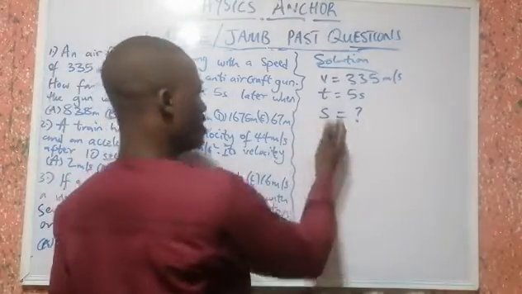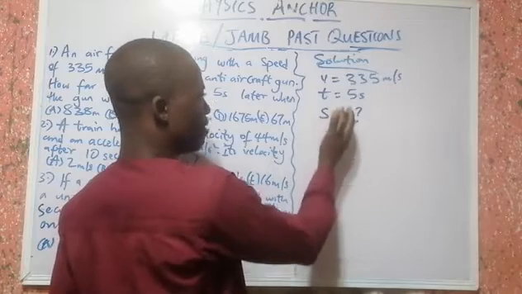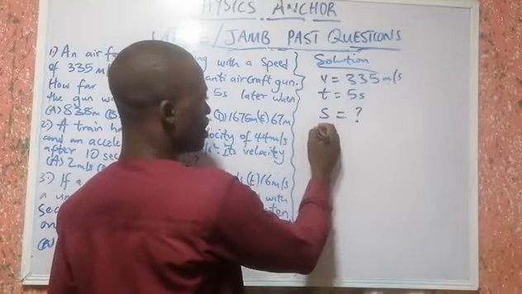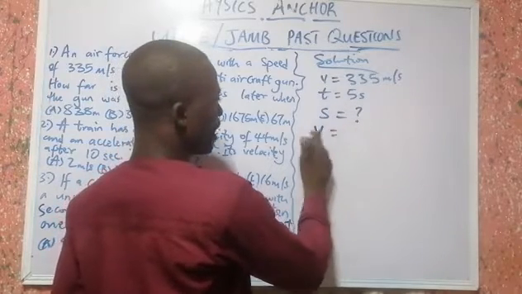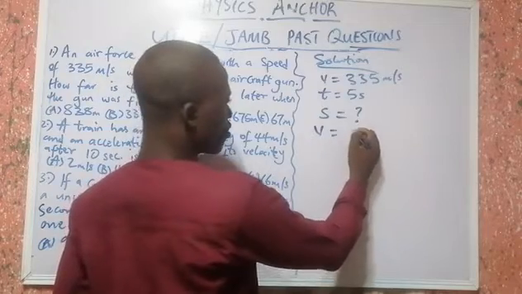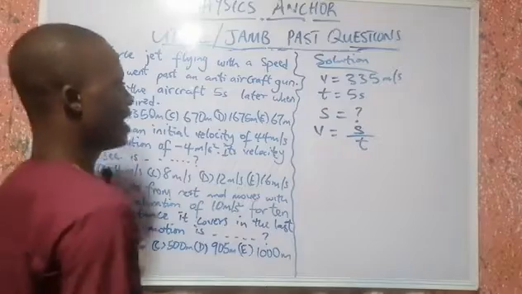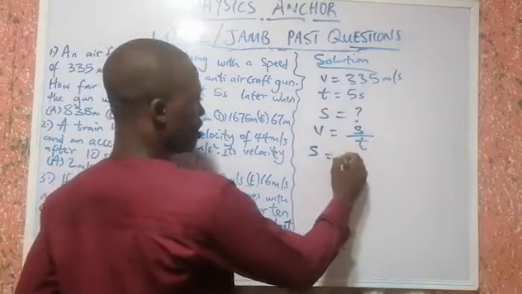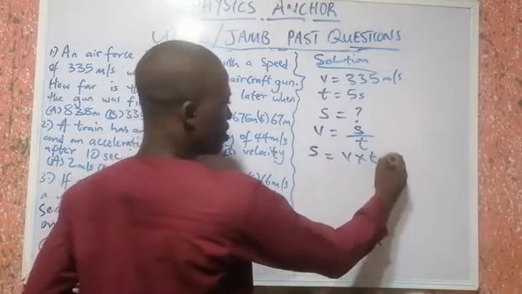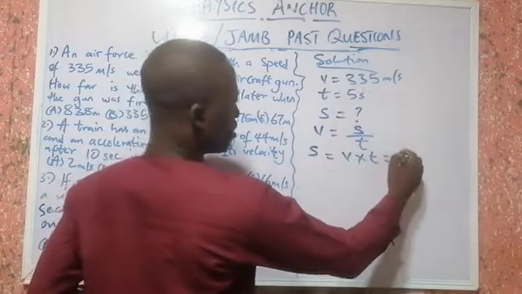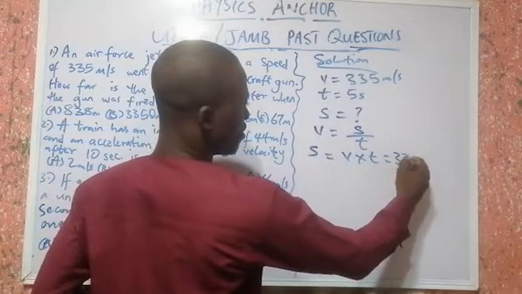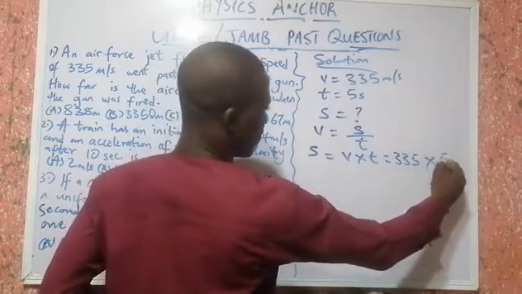So going by these parameters, we know that what we need to actually use as a formula is speed equals distance over time. And then we can say our distance will be v times t, which according to this is 335 times 5.